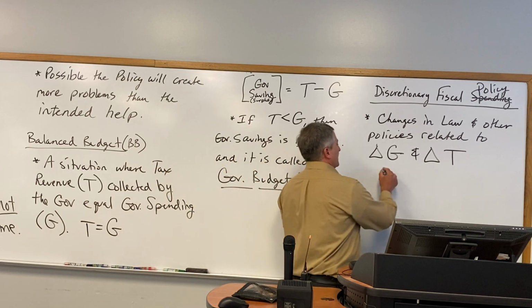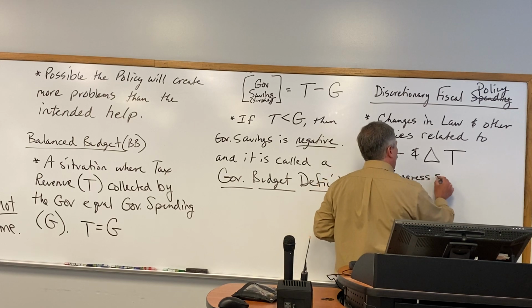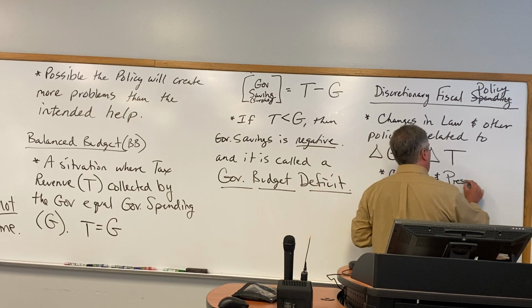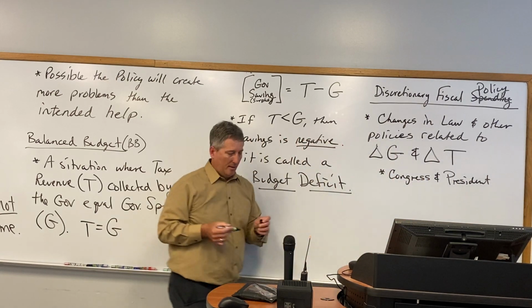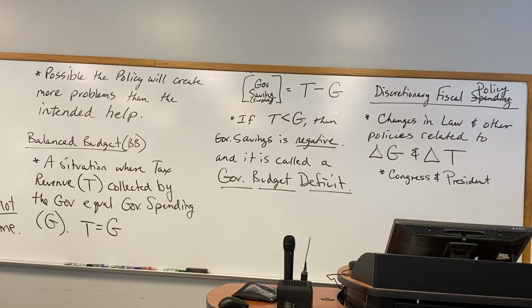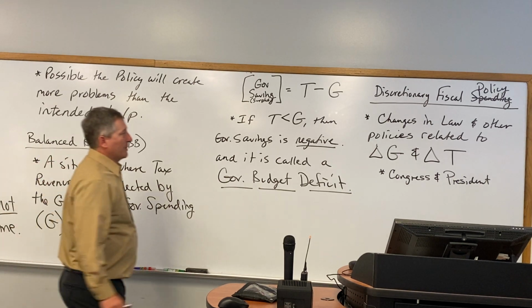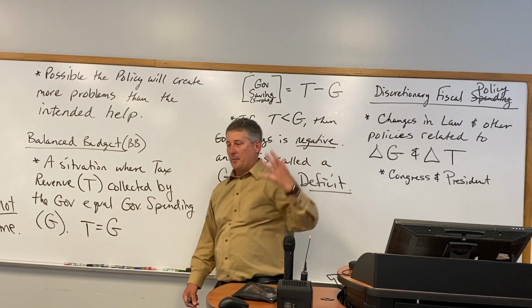So for the United States, this is Congress and President Joe Biden currently. The power of the budget, the power of the purse, as you'll hear it called, lies with the Congress and President for fiscal policy changes.